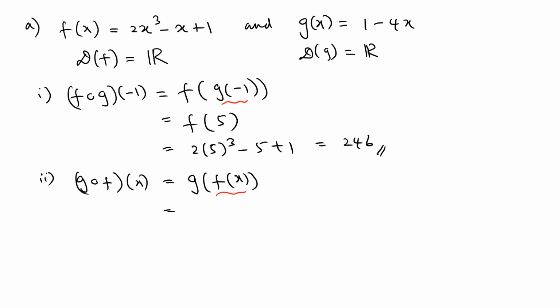The g function is 1 minus 4x, so that means 1 minus 4, and you replace x by the f function, which is x cubed minus x plus 1. If you simplify, you're going to get negative 4x cubed plus 4x, and then 1 minus 4, that means negative 3. So that is the g circle f function.